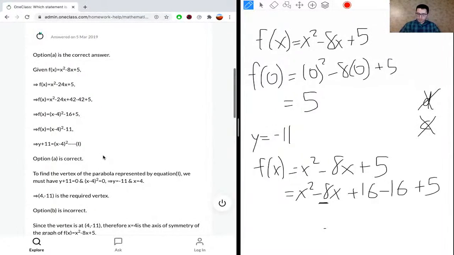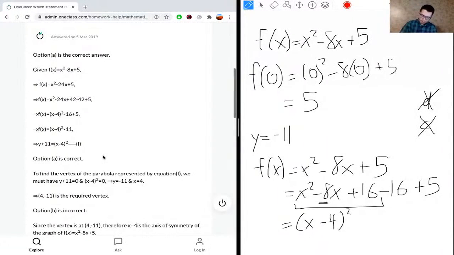So here we've completed the square, and then using this, we can write the following: x minus 4 squared. If we expanded out x minus 4 squared, we would get x squared minus 8x plus 16.